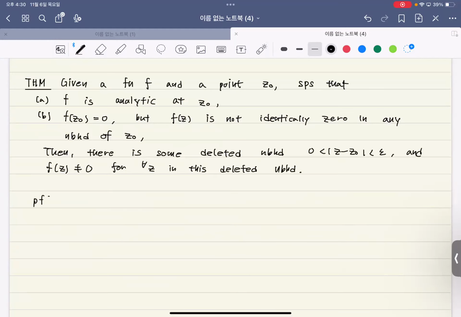What is the proof? The proof goes like this. First, I consider the Taylor series of f about this point.